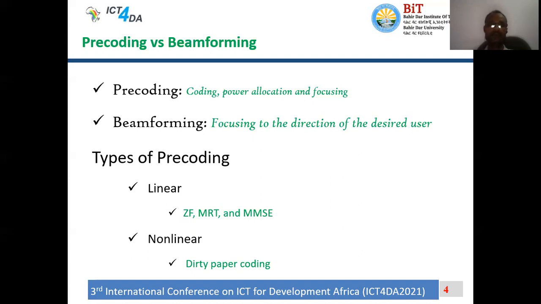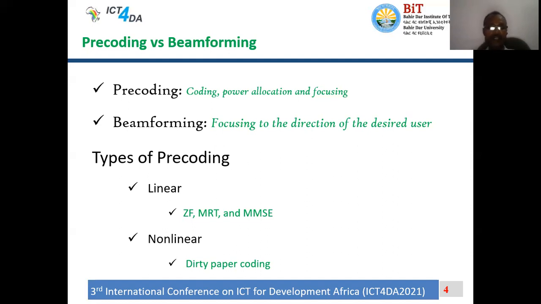In short, beamforming is a subset of precoding, and most of the time precoding is directly associated with digital beamforming, while beamforming mostly means analog beamformers, which focus the signal in the desired direction of the users by tilting the signal using phase shifters with time division duplex.